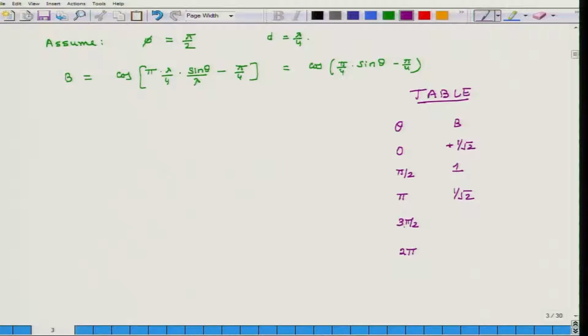When theta equals 270 degrees or 3 pi over 2 radians, then sin theta is minus 1. So, minus pi over 4 minus pi over 4 becomes minus pi over 2. So, this value becomes 0 and at 2 pi it is 1 over square root of 2. So, with these points we will draw a polar plot.